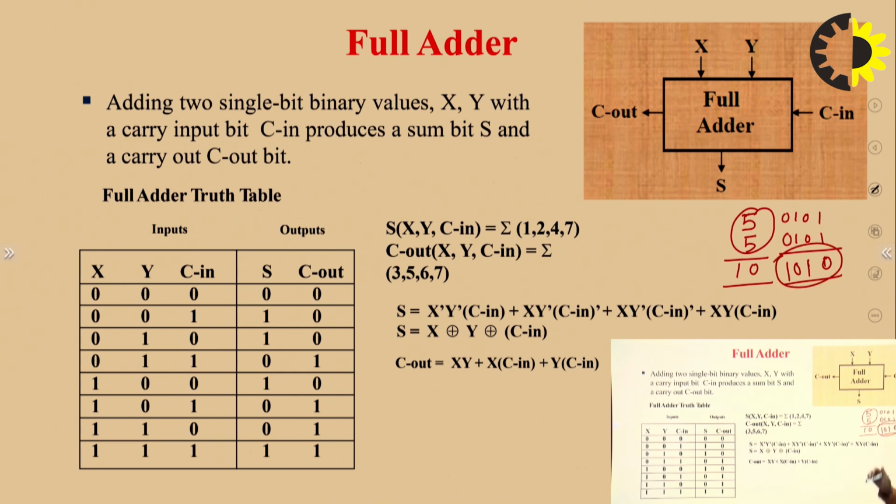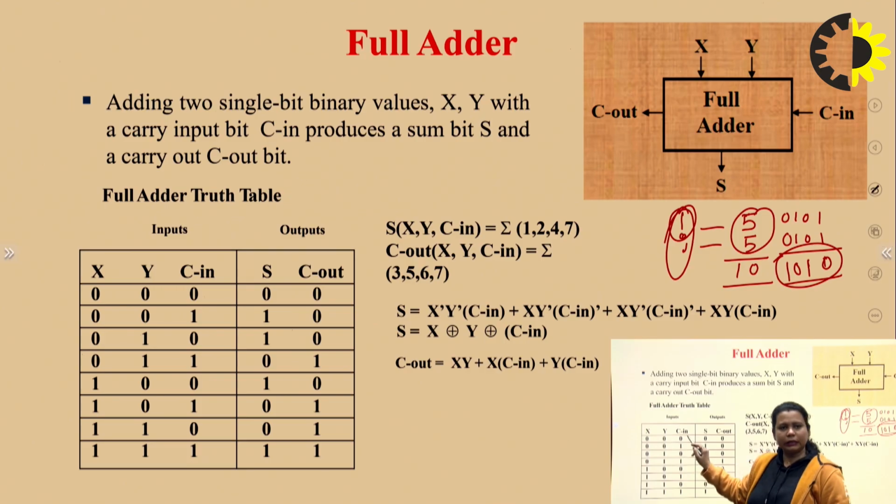In this case there is no requirement of carry, but there are some situations where we require carry, right? When carry is required, you have one extra bit. So you have the normal bits, which are a normal addition, and one carry bit also. So when you have that carry bit, you require a full adder, and the total number of bits will be 3. 2 are X and Y and another one is your carry Cin.